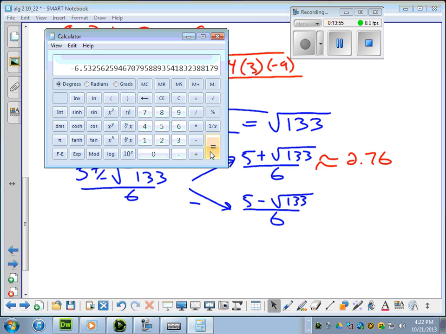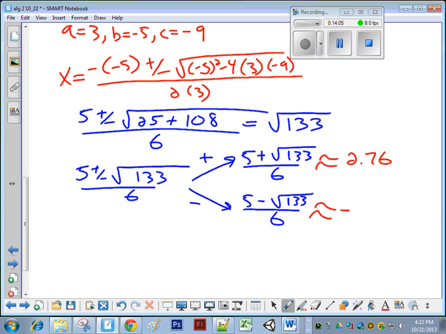Okay, and I get negative 6.53. Divide that by 2. That gives me approximately 3.27. Negative 3.27. All right. I know that's going to be approximately correct because the square root of 121 is 11. So it's kind of close to that.